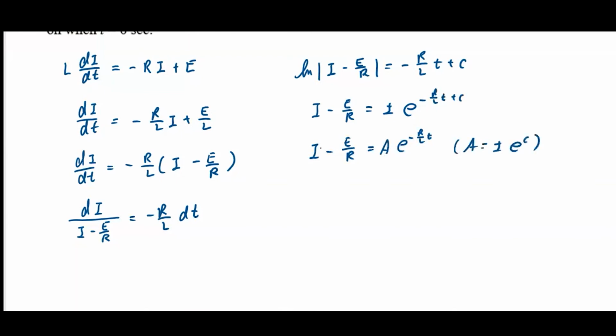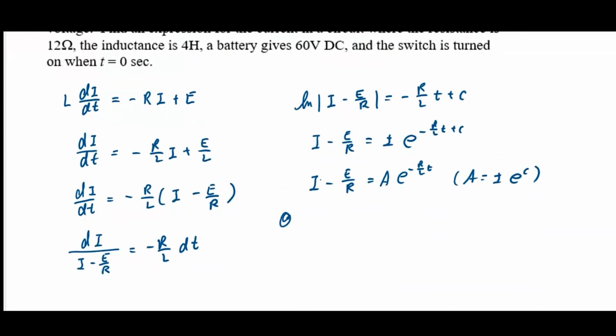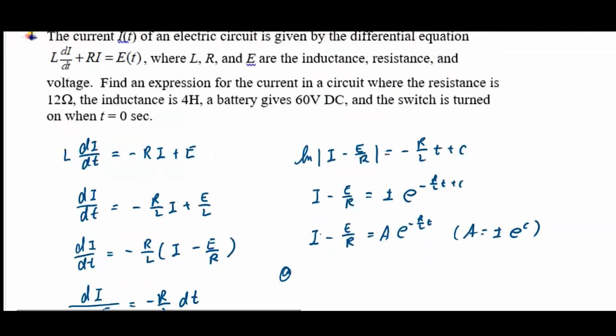Now we apply the initial value. Let's say your initial current is 0, we just flip the switch on. So let's just say this is the initial value. Then left-hand side becomes just negative E over R, I becomes 0, and then right-hand side becomes A, and then the exponential function dies.